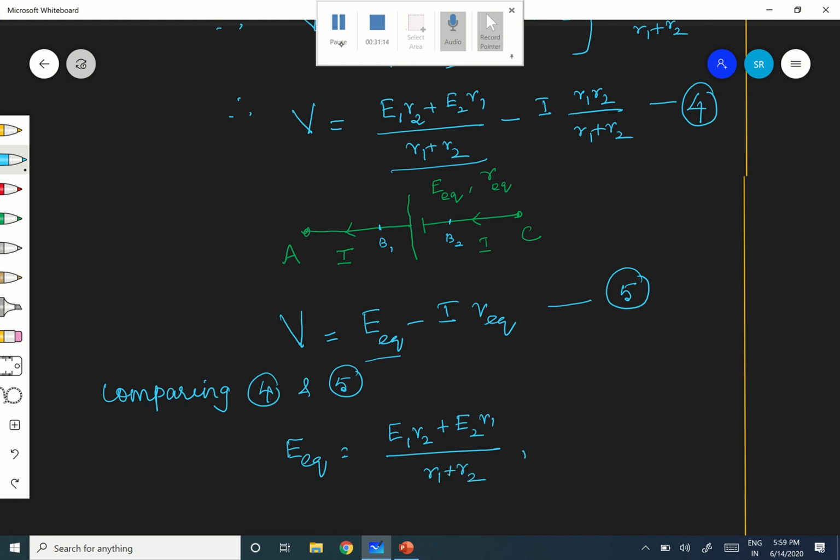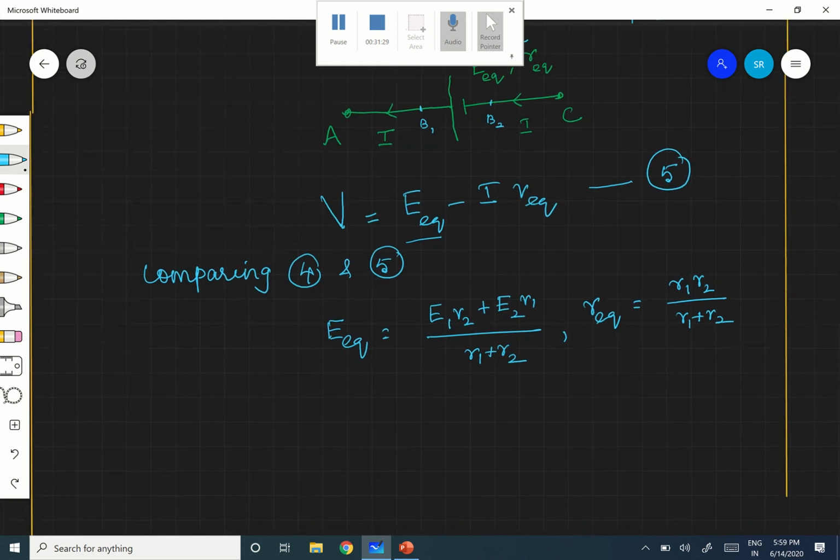And what is your R equivalent? R equivalent is equal to R1 R2 divided by R1 plus R2. Hope you are following. Therefore, 1 by R equivalent is nothing but 1 by R1 plus 1 by R2.